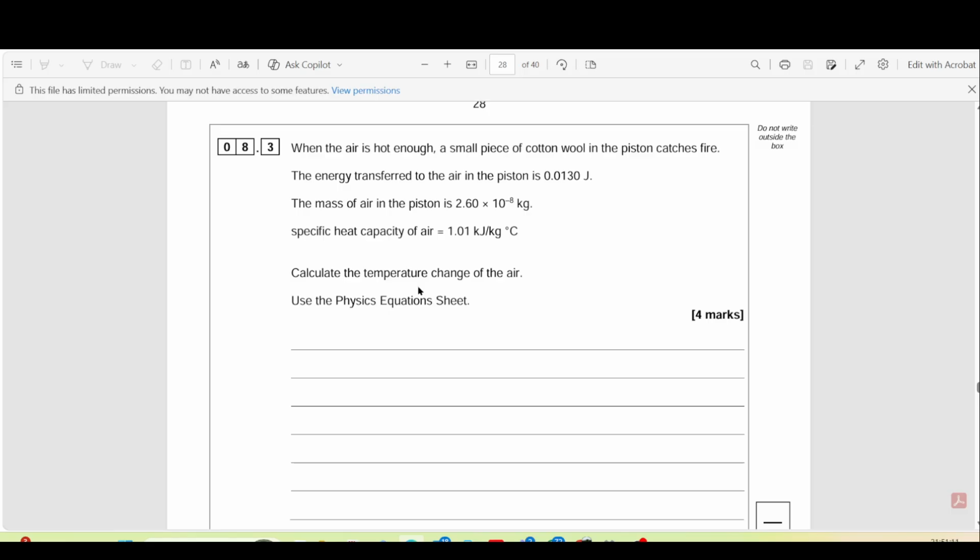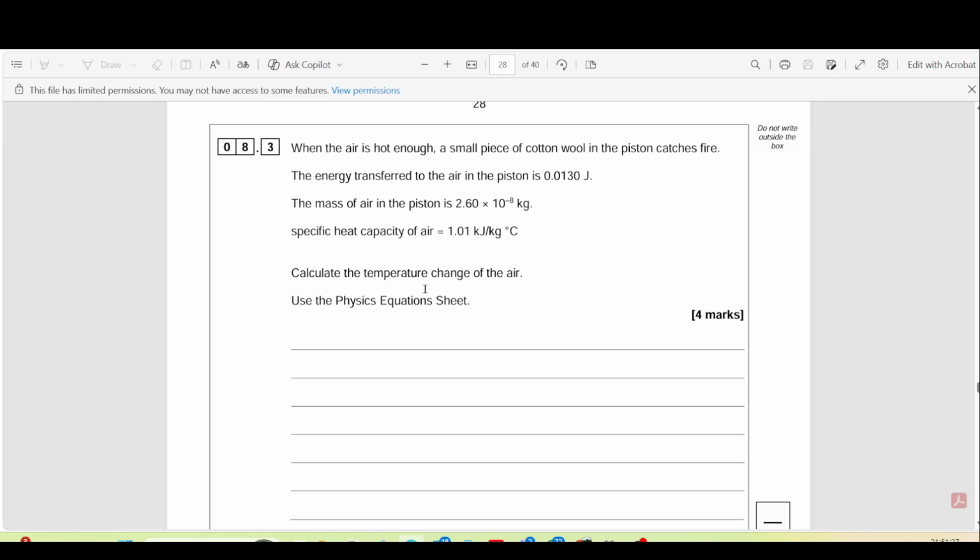Okay, what is given is mass and specific heat capacity. What we have to calculate is temperature. Sometimes you will get the direct formula, sometimes you won't because you need one more variable.